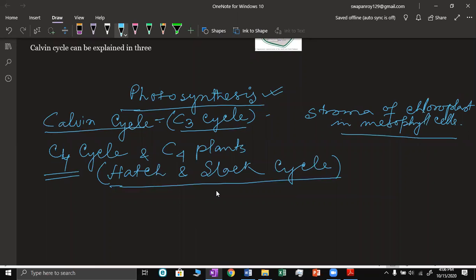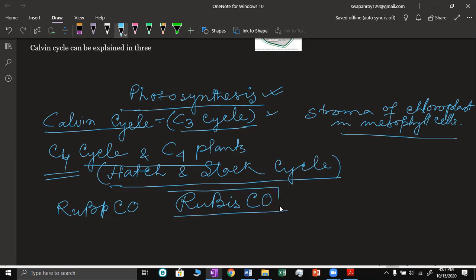Now, what happened in the C3 cycle? The main enzyme in the Calvin cycle is RuBP carboxylase oxygenase, that is Rubisco.